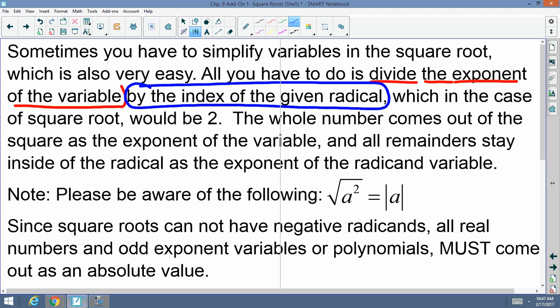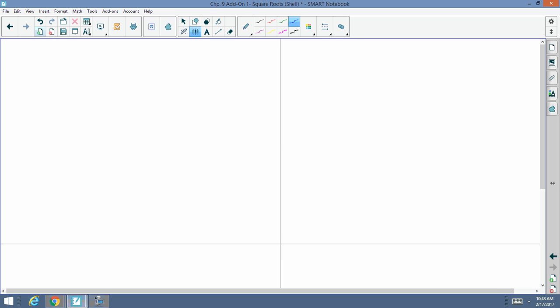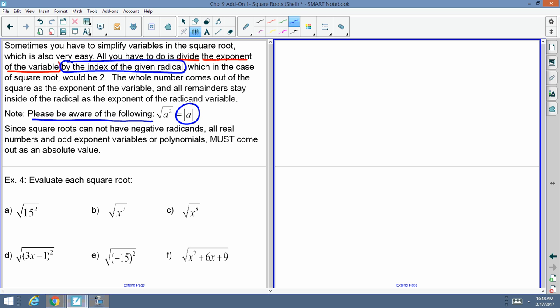Please note, please be aware that when you have the square root of a squared, it must come out as an absolute value of a. Now, give me a second, because for some of you, I may have just confused you.